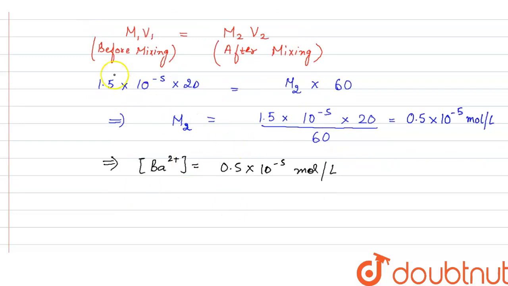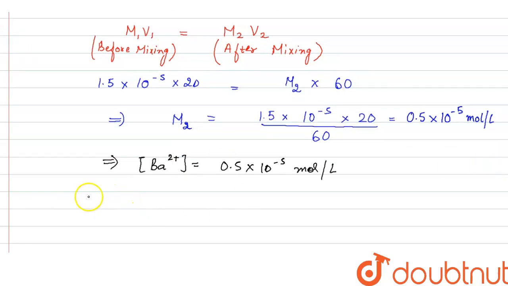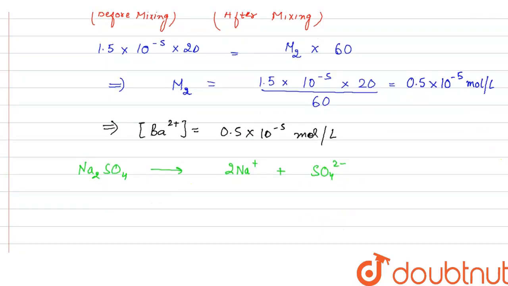Now we will calculate the concentration of sulfate ions. Now we know that sodium sulfate Na2SO4, when it will dissociate, it will give 2 sodium ions and 1 sulfate ion. For 1 mole of sodium sulfate, we are getting 1 mole of sulfate ion. So their concentration will be same.